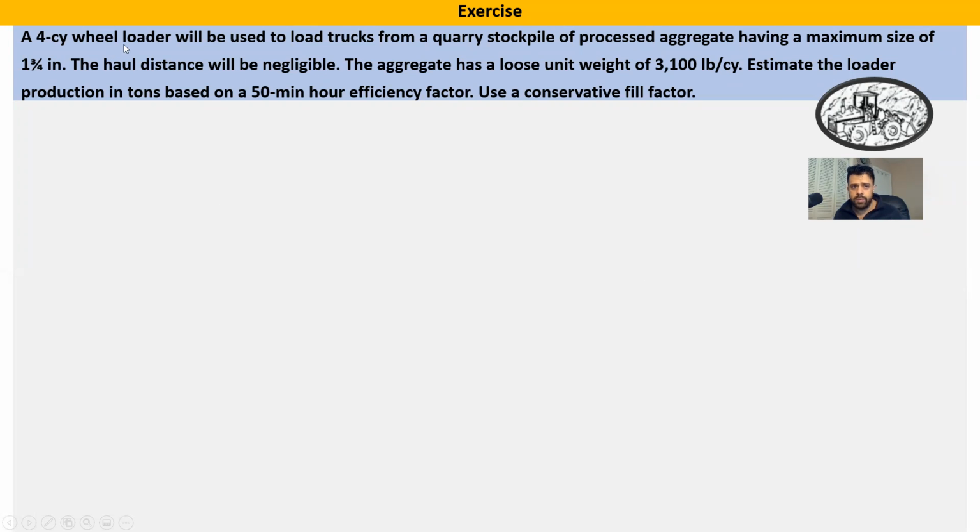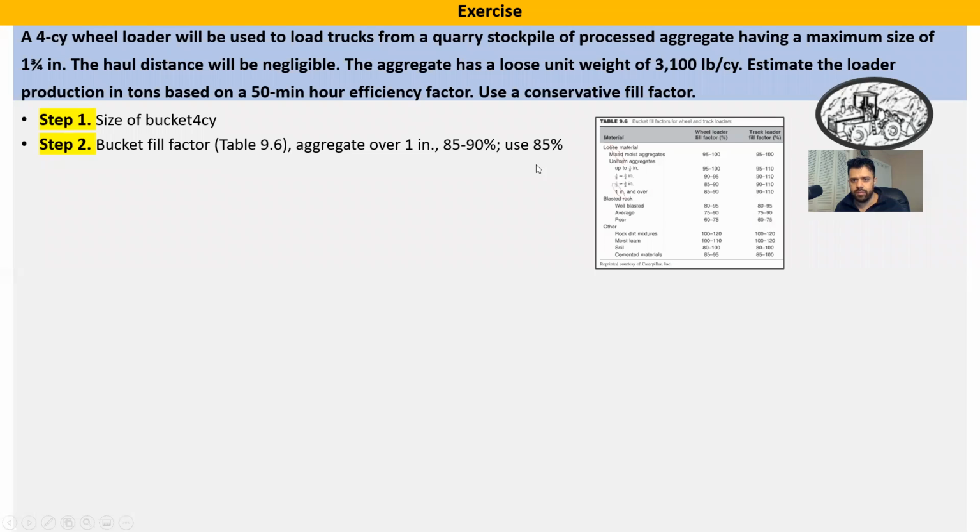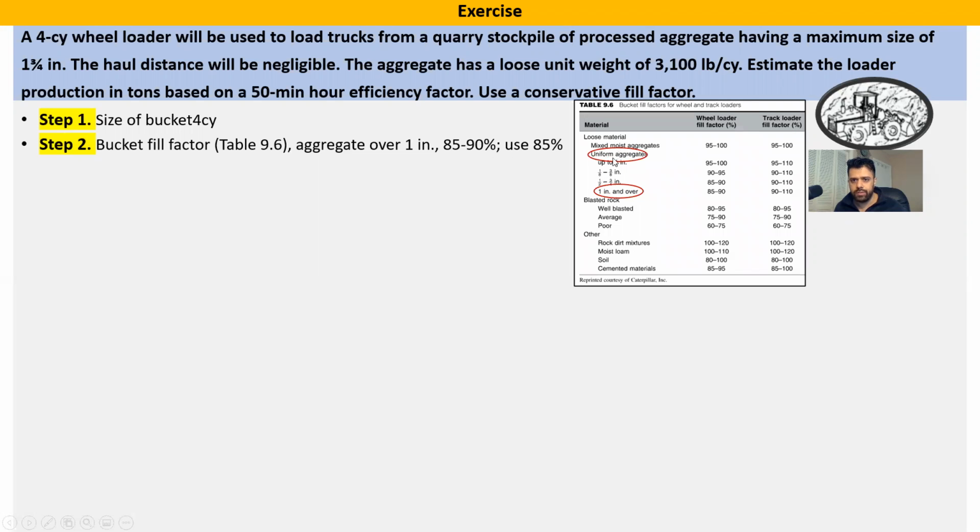A 4 cubic yard wheel loader, so this is the size of the bucket. It's pretty much similar to what we did a few minutes ago. The bucket fill factor is also important. So for uniform aggregate, which is the type of soil we use here, and you should also look at the maximum size of the aggregates.